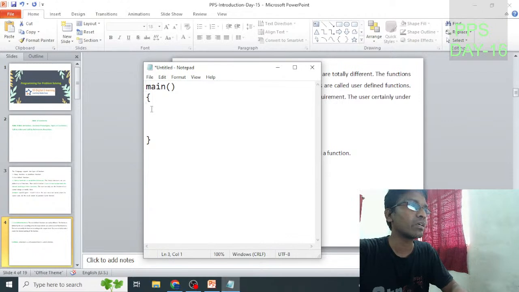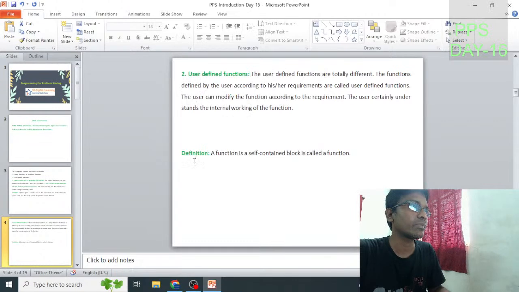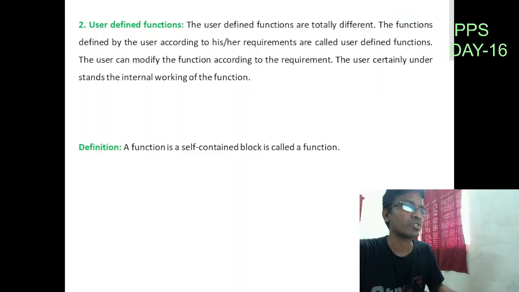In between the open and closing curly brackets, we have to write our own code. Clear? A self-contained block is called a function. So that is the definition of a function.